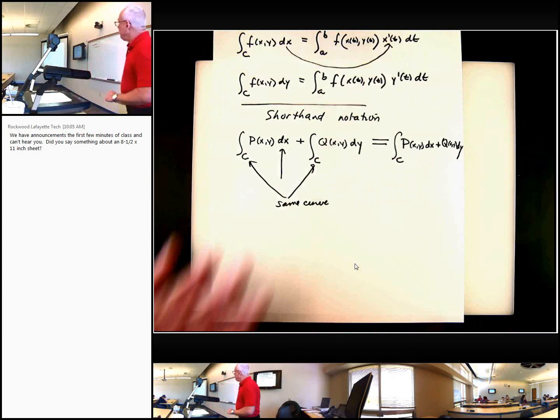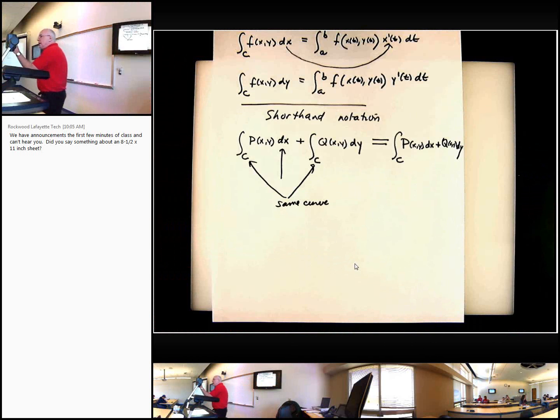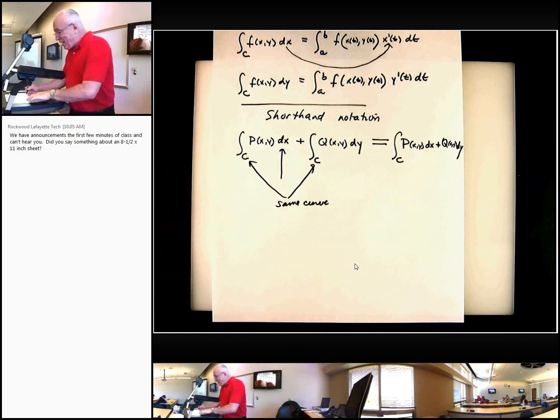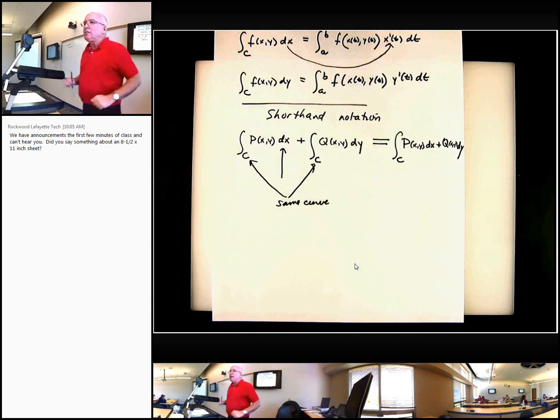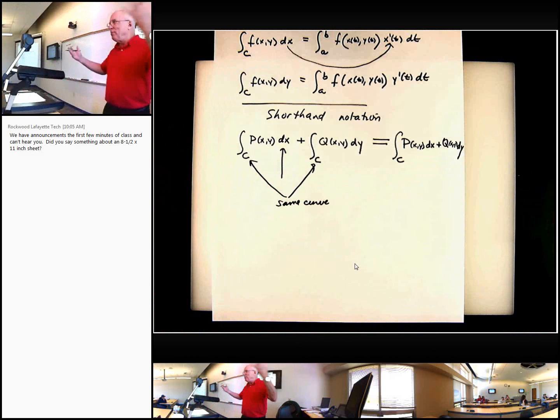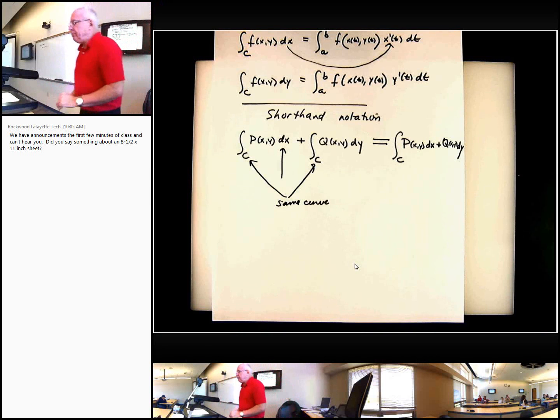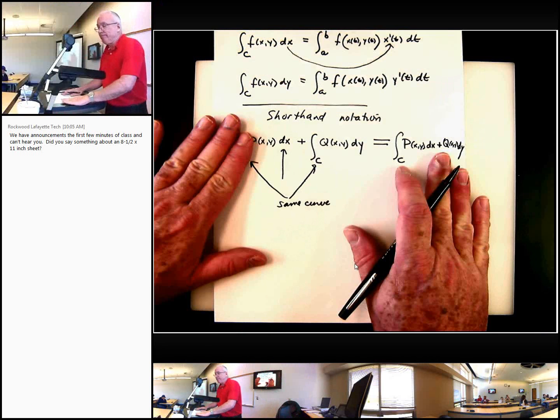In other words, we just spare writing one of the integral signs all over again because we're integrating over the same curve. So this bit of shorthand just subtracts one integral sign from the writing. Not that big of a deal really, but I just want to point this out.